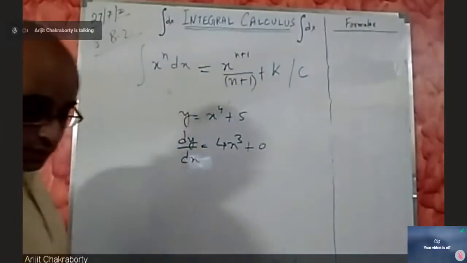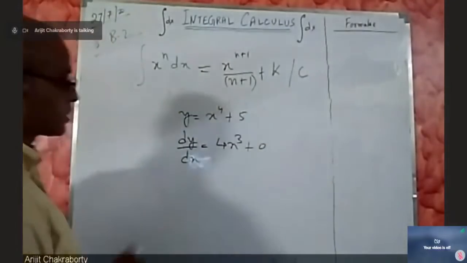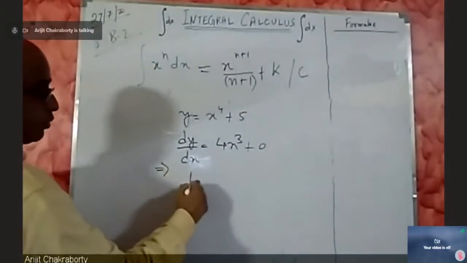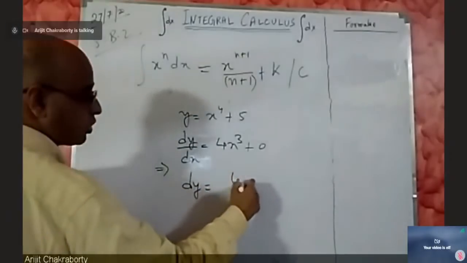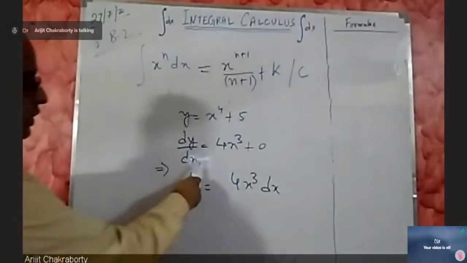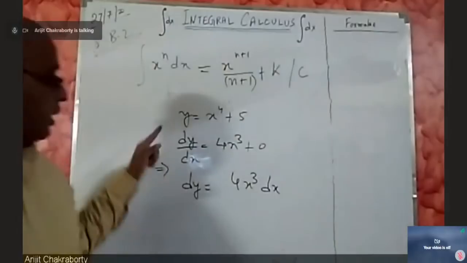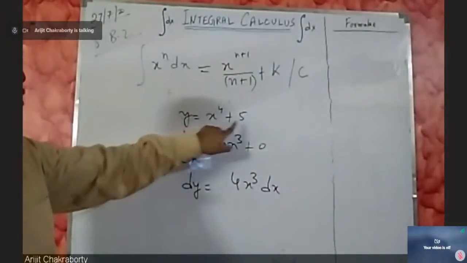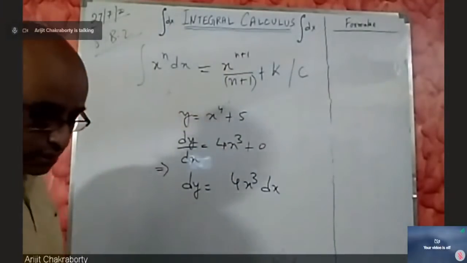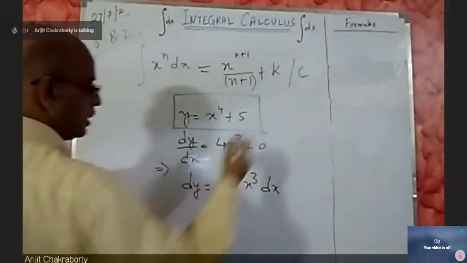Now, if I say that this is the differential coefficient, it means dy is equal to 4x cubed dx. So if I tell you that y equals x to the power 4 plus 5 is a function, fine.